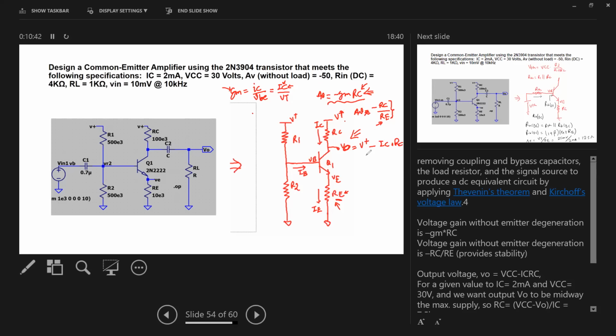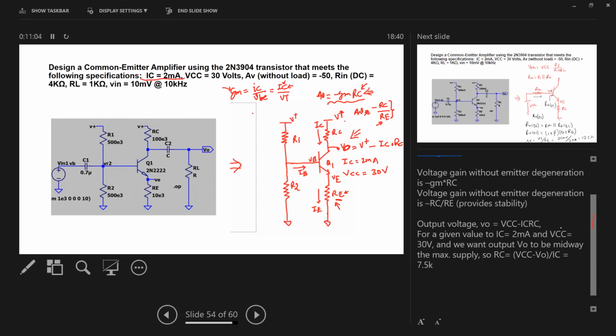So you have the value of IC, that is 2 milliampere, given by the specification, and VCC is also 30 volts. We can actually get the value for the resistor RC.